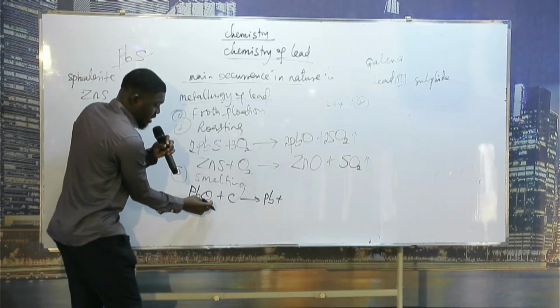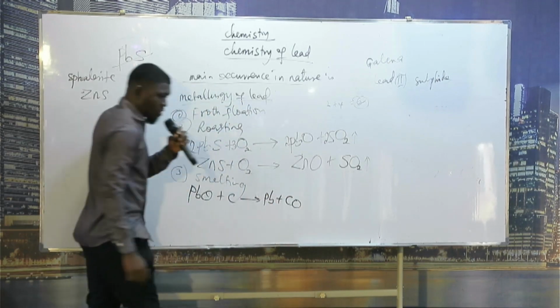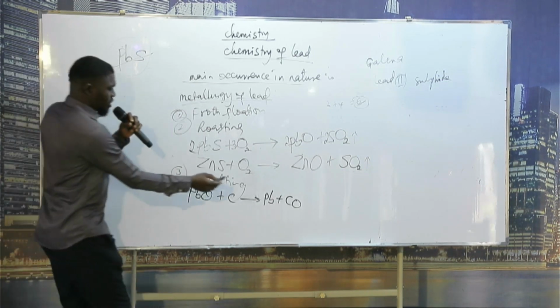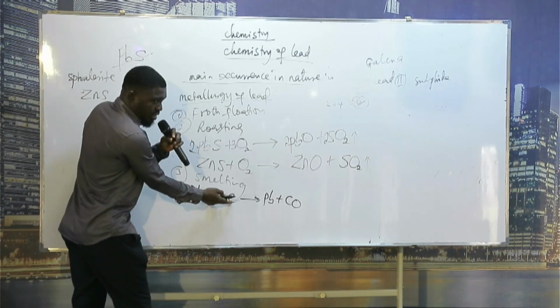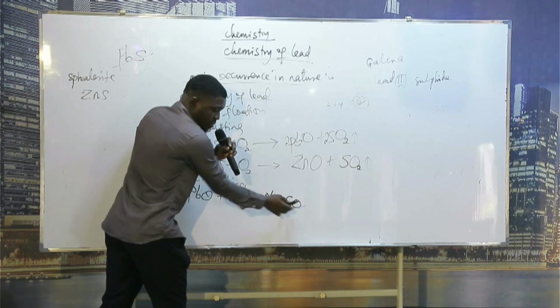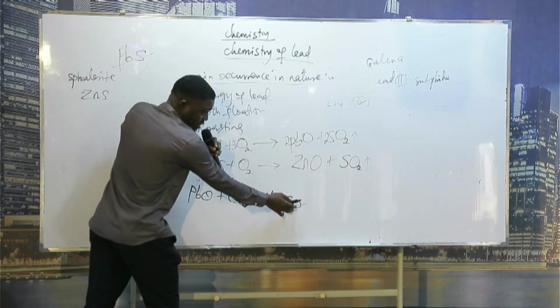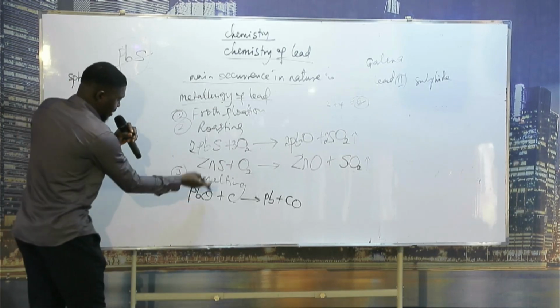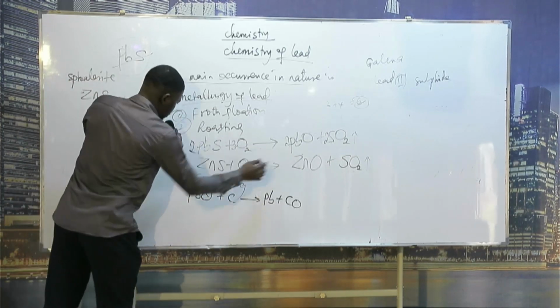And then itself will be oxidized to CO, right? CO, not CO2. It will be CO2 assuming what is here is CO. If it's CO that is here, then here will be CO2. But if it's coke here, then what you get here is CO. The same thing will also happen to this one too.